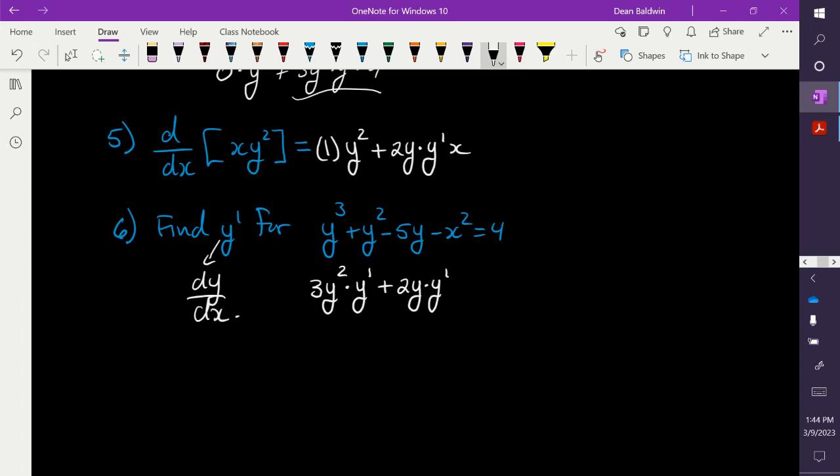What's the derivative of negative 5y with respect to x? Negative 5y prime. What's the derivative of x squared with respect to x? What's the derivative of a constant? What?